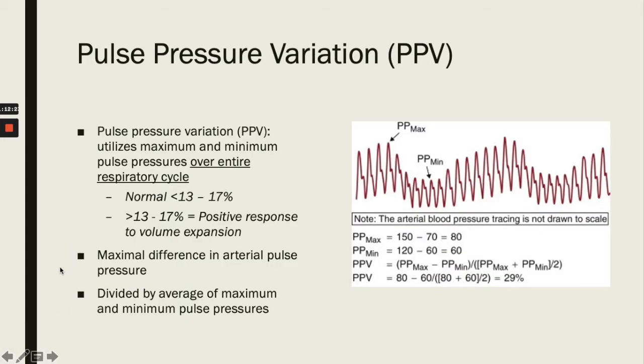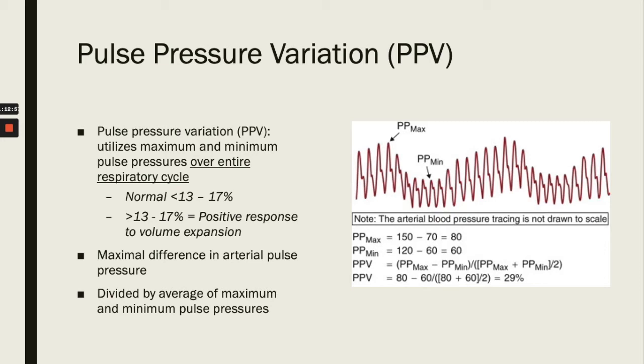Okay, so we'll also talk about pulse pressure variation, and so this is also an indicator of preload reserve as well. And so this utilizes a maximum and minimum of pulse pressures over an entire respiratory cycle, and normal is anywhere less than 13 to 17%. If the patient has a PPV, a pulse pressure variation, greater than 13 to 17%, they will have a positive response to volume expansion.